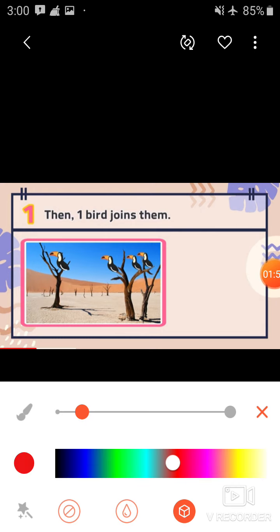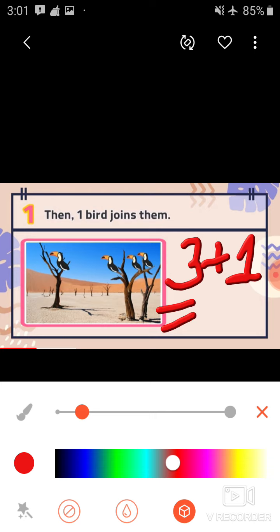In the first tree there are 3 birds, so 3. Then in the next tree there is 1 bird, so 3 plus 1 is equal to, let's count, 1, 2, 3 and 4. So 3 plus 1 is equal to 4.